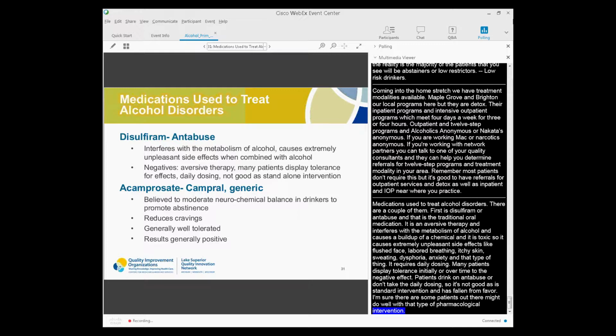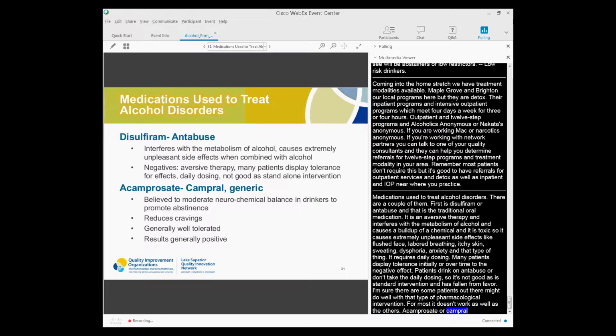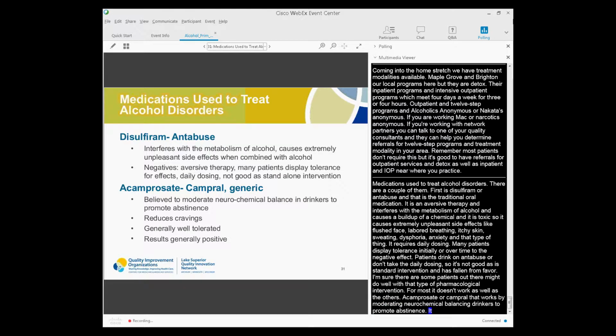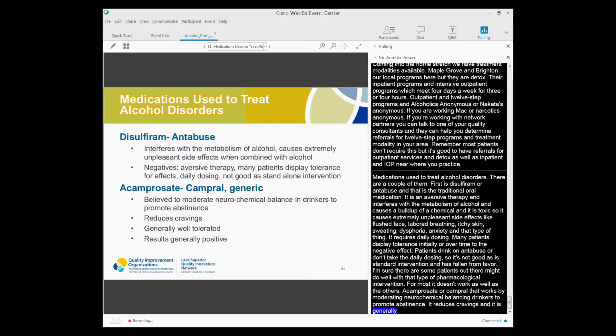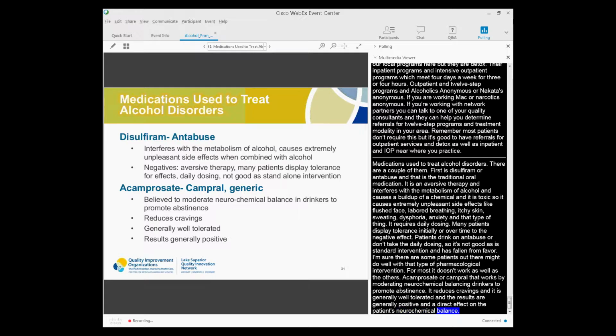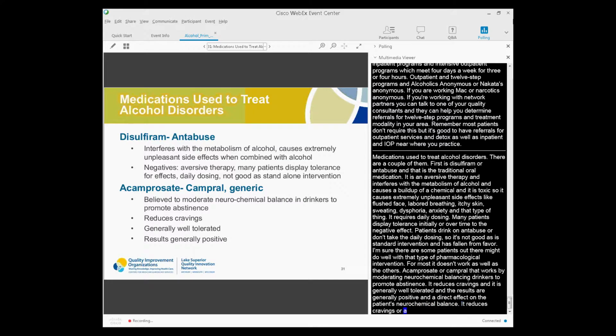Acamprosate or Campral, that works by kind of moderating neurochemical balance in drinkers to promote abstinence and by reducing cravings. Campral generally is well tolerated. The results are generally positive, whether that's a direct effect on the patient's neurochemical balance, reducing cravings, or a placebo effect by the idea that, if you suggest that they'll reduce cravings, it may in a patient.